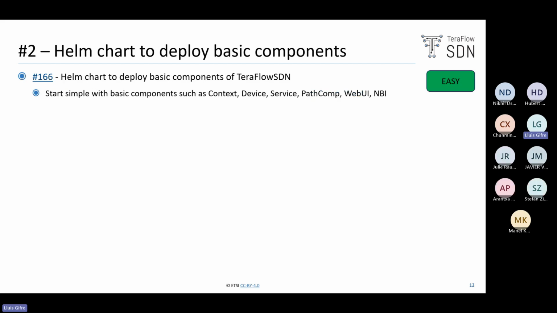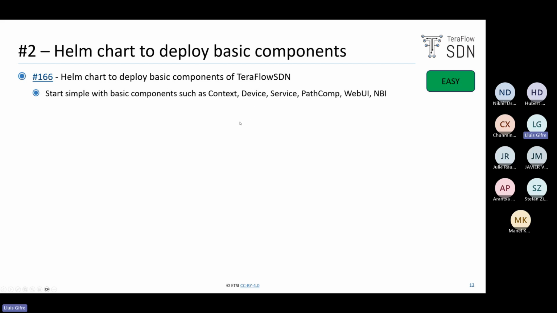Second challenge, it's on implementing Helm charts to deploy the basic components of TeraFlow. So here we are focusing, for instance, on context, device, service, path computation, web UI, and the NBI.